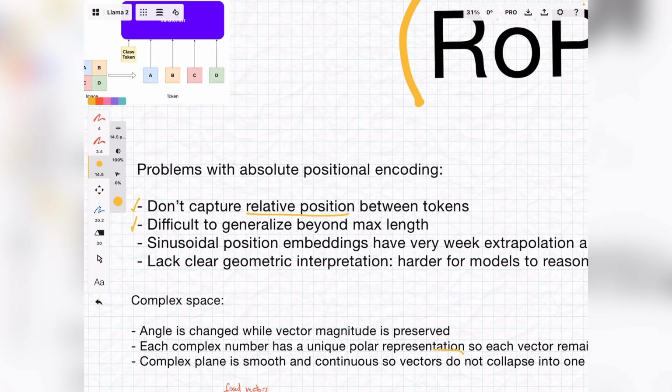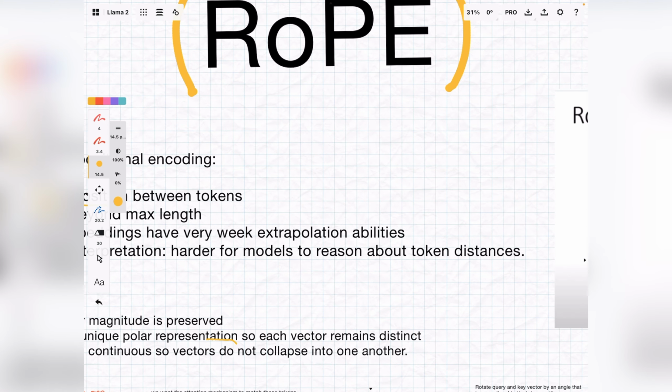The other thing is sinusoidal positional embeddings, which is what was used for absolute at the beginning, have very weak extrapolation, so they cannot extrapolate to positions that are further away. And we also have the geometric interpretation. We need the model to reason about the distances between the tokens.